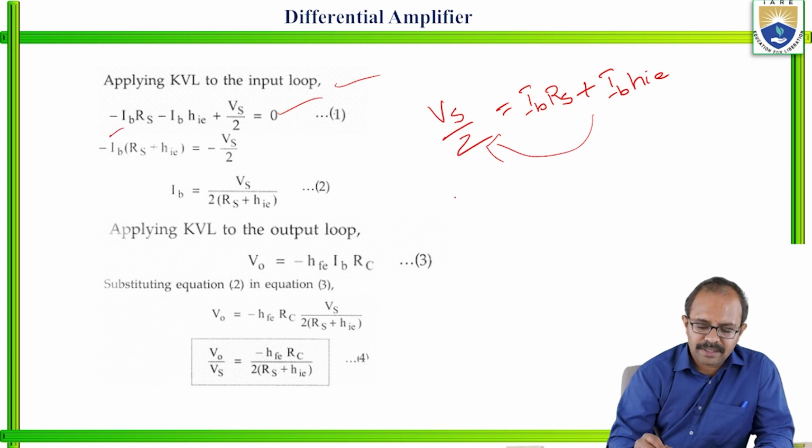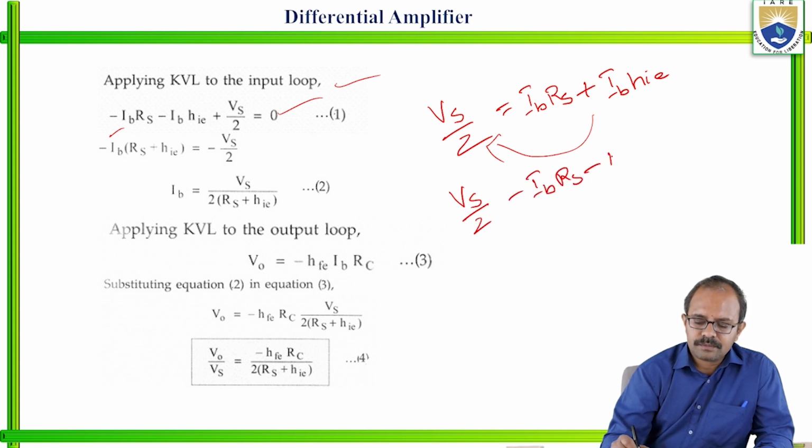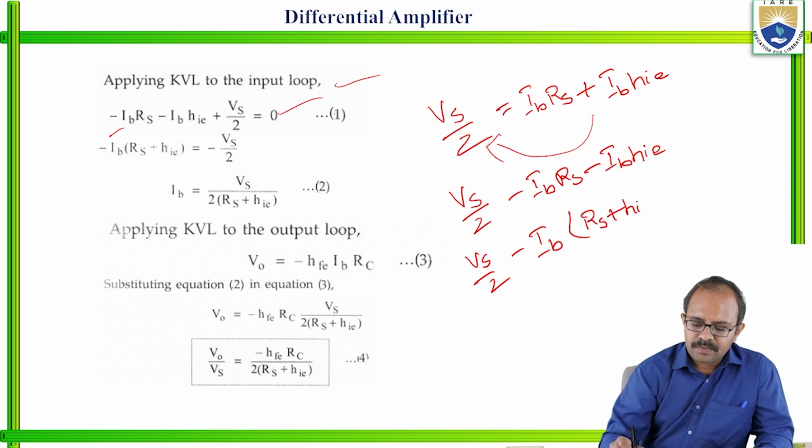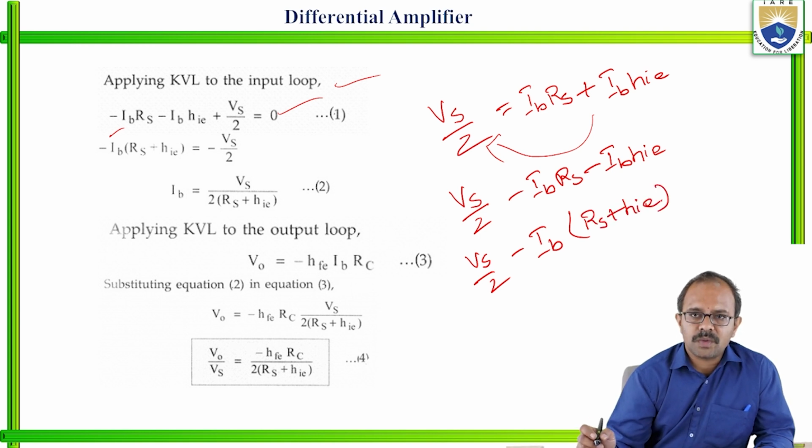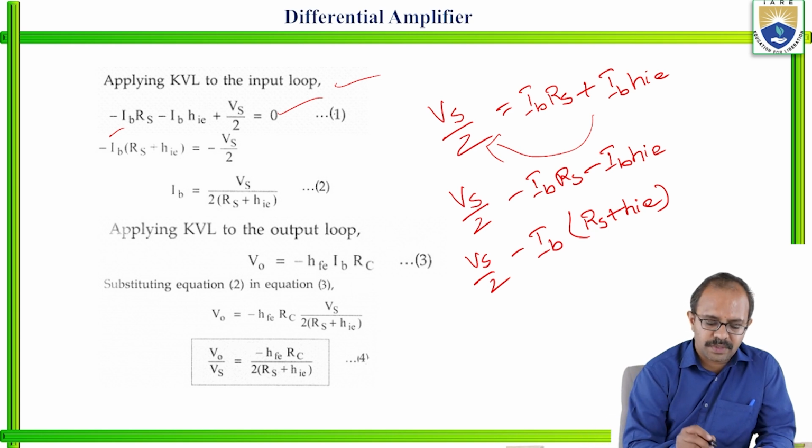So we have Vs by 2 minus IB RS minus IB HIE, right? Taking IB as common, we are left with RS plus HIE. This is what we are going to have.